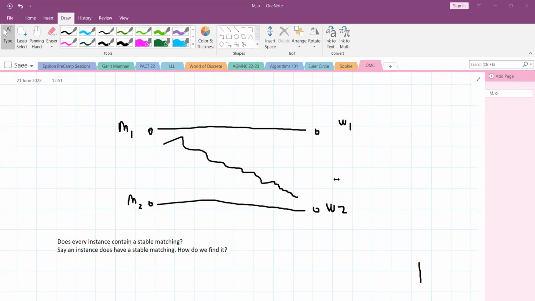Any thoughts about the first question? It's just a yes or no question. Do you think every instance contains a stable matching?